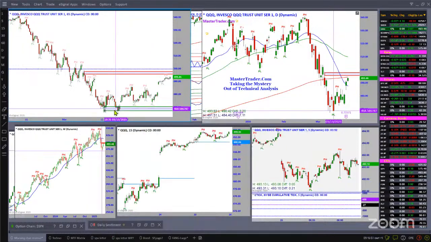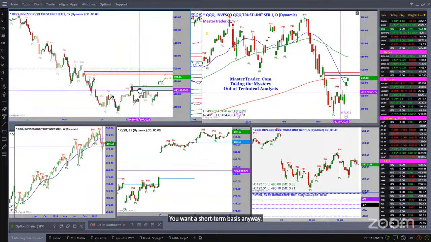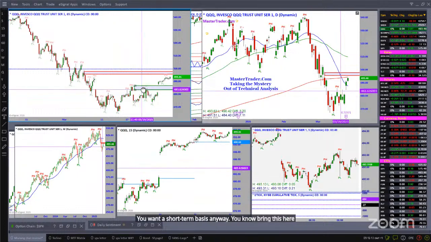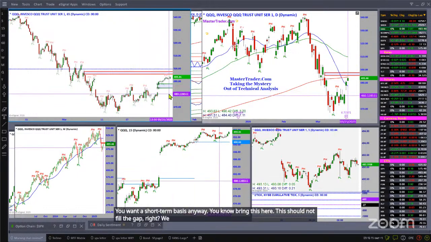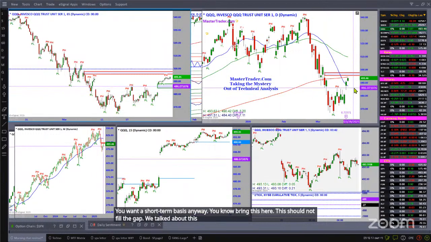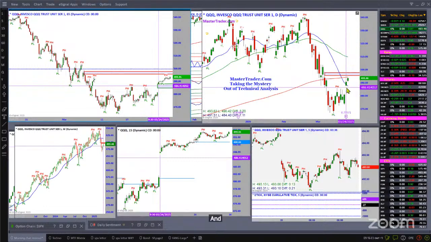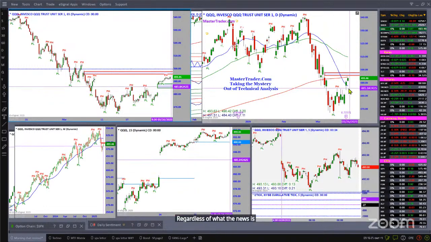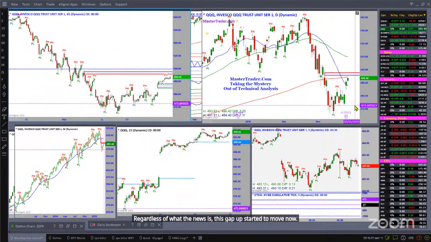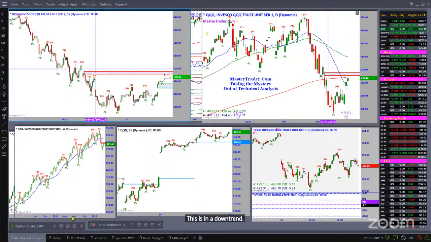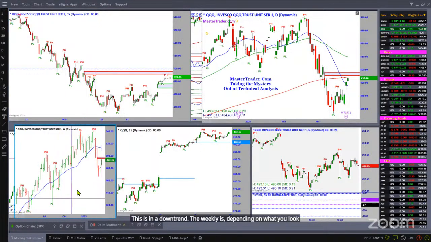You want a short-term basis anyway, bring this here. This should not fill the gap, right? We talked about this, that gap up, it should not fill that gap. Right? Regardless of what the news is, right? This gap up started to move. Now, this is in a downtrend. The weekly is, depending on what you look, it's certainly not in an uptrend anymore.